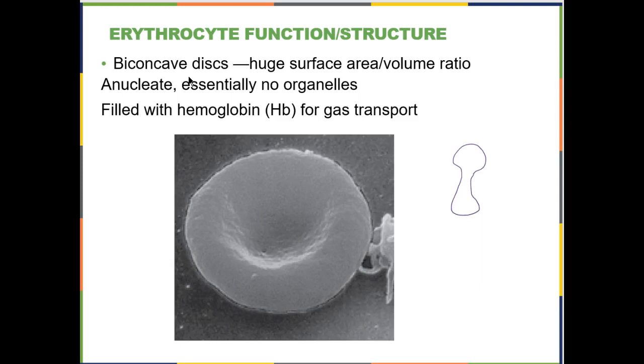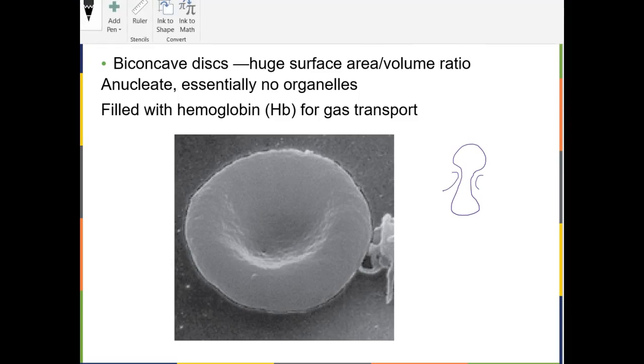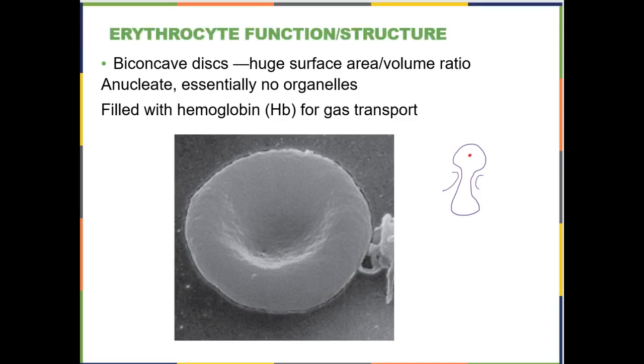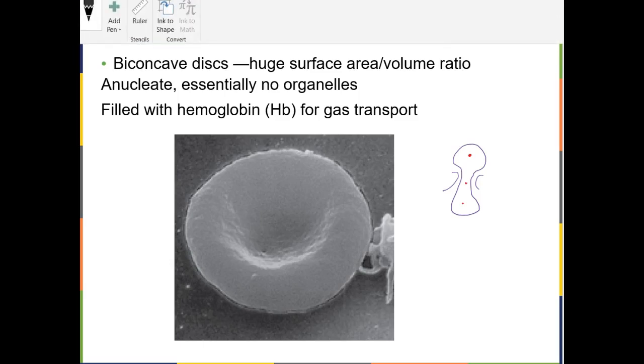That almost looks more like a mushroom. But you can see it's concave here and concave there. What this does is give it a very big surface area to volume ratio, so that if you are a molecule of hemoglobin anywhere in the cell, you're never very far away from the surface of the cell.